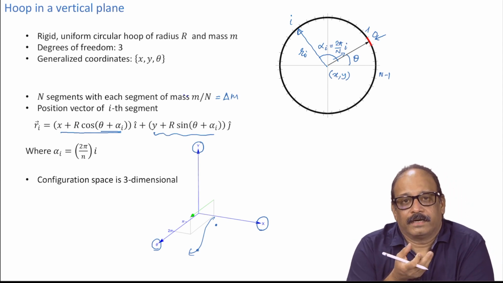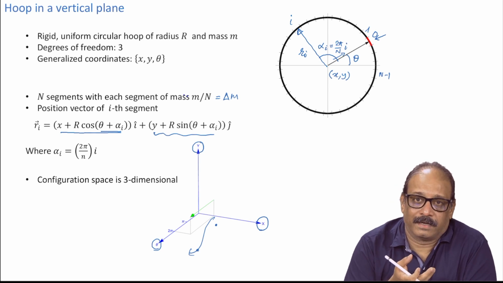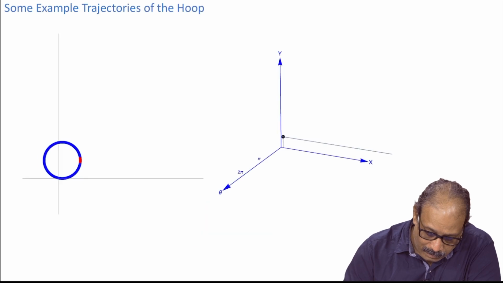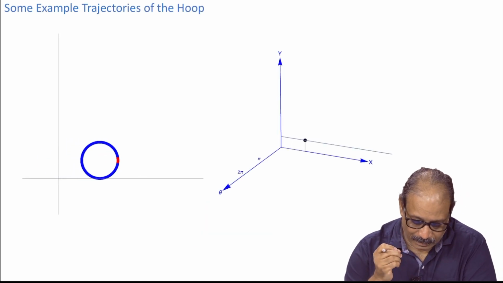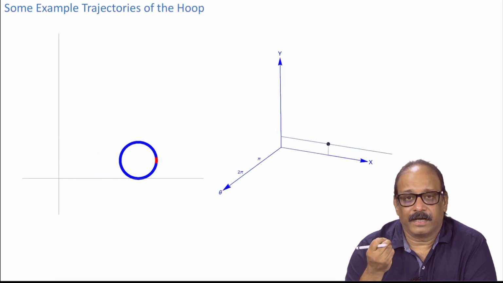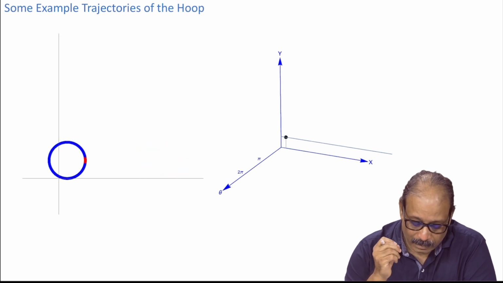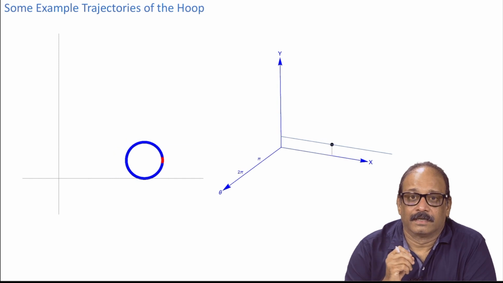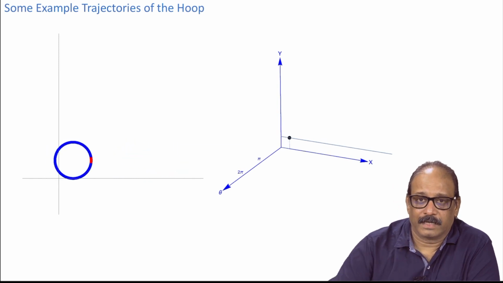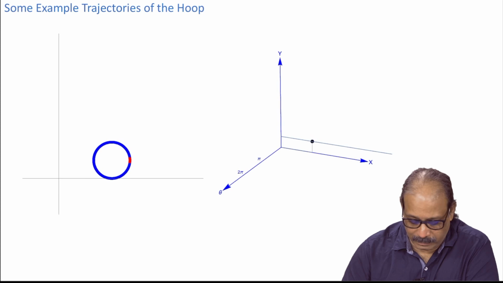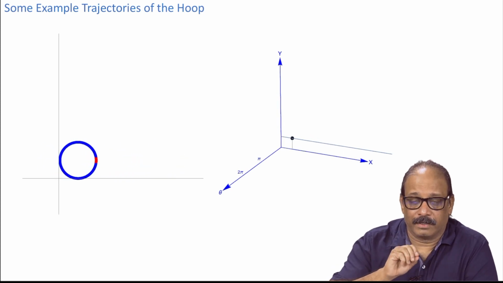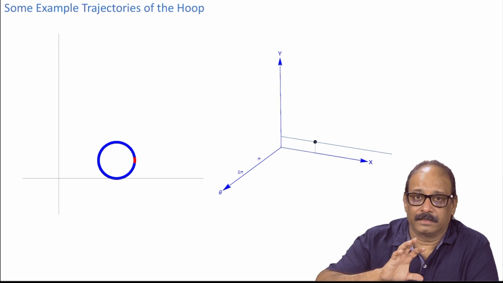Okay. What kind of motion can this hoop have? There are several possibilities there. Now, the simplest one of them is this. If I keep theta coordinate fixed and y coordinate fixed, and just move the x coordinate, that means the hoop actually travels along the x axis, keeping its y coordinate constant, and theta is also constant.